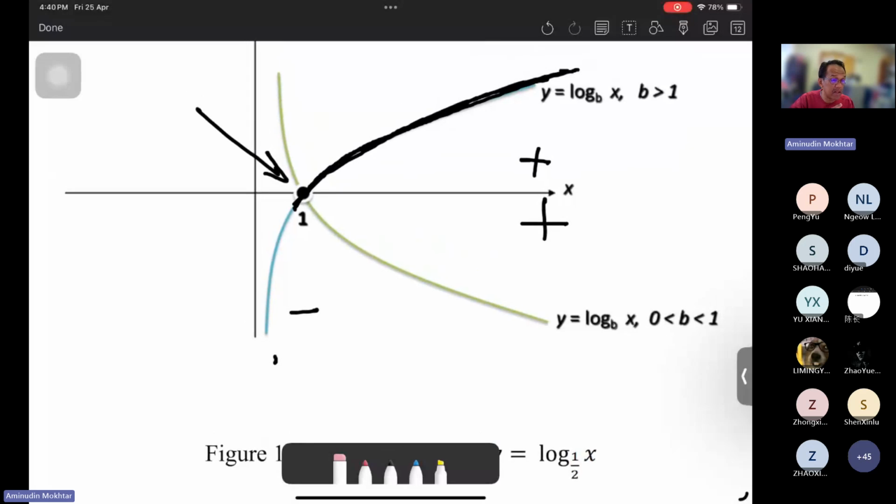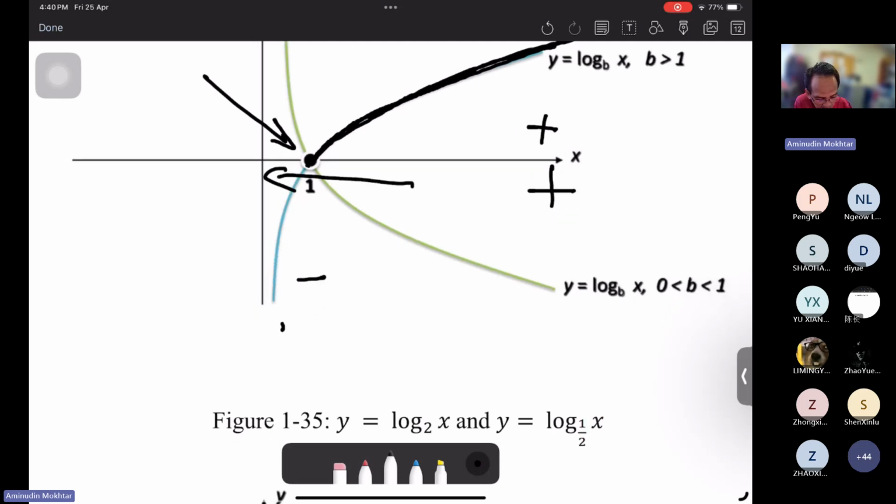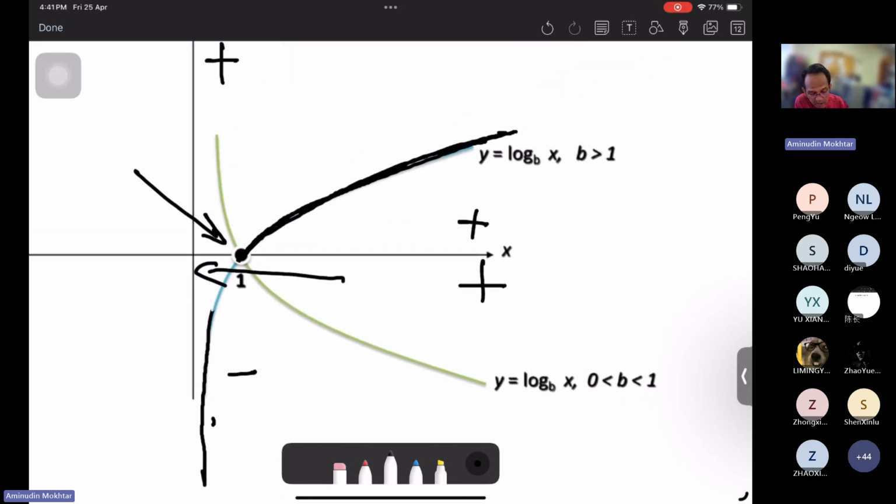In other words, the graph does not intersect the y-axis. As x gets close to 0, what happened to the graph? The graph will get close to the y-axis, but the graph will not cross the y-axis. That is another property of the log. But when the base is between 0 and 1, let's say 0.3, 0.5, what happened to the graph?